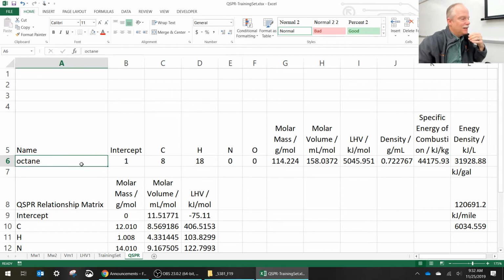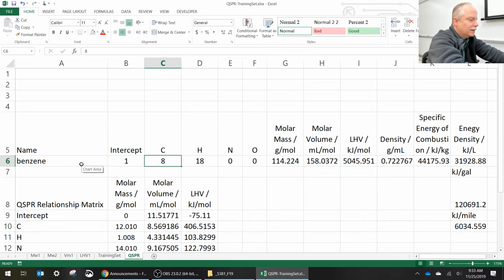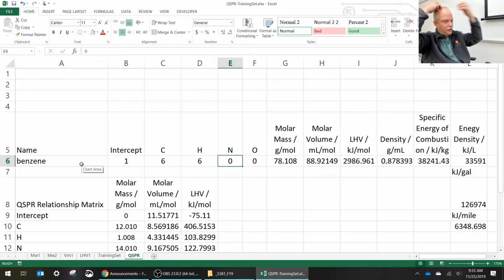Let's go to benzene. So if we could just take our old solvent, benzene and toluene and those kinds of things. So that's C6H6. Even better, yeah, even better. Again, it seems like it's bad with the kilojoules per mile.